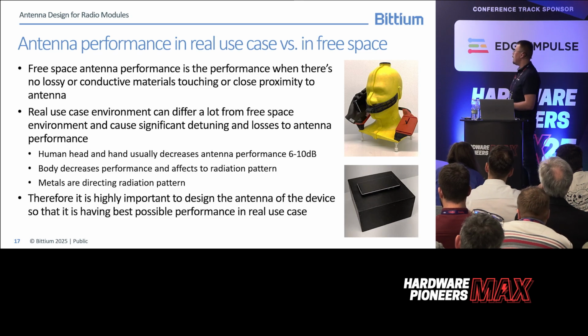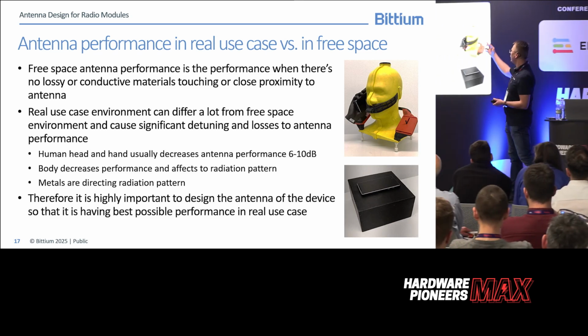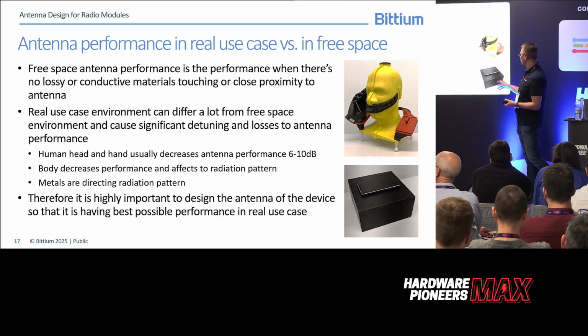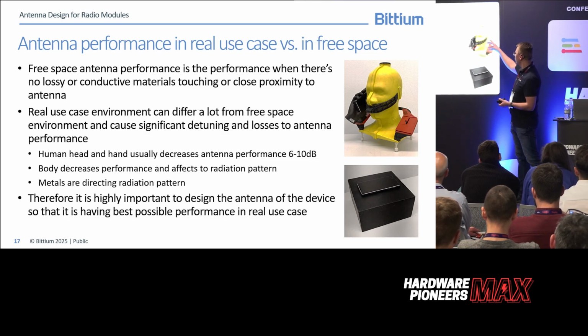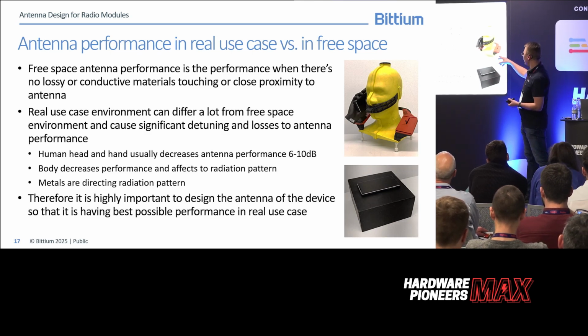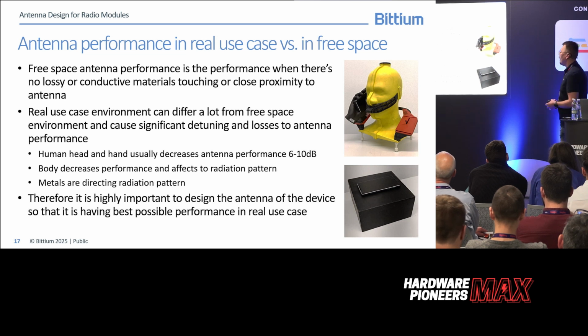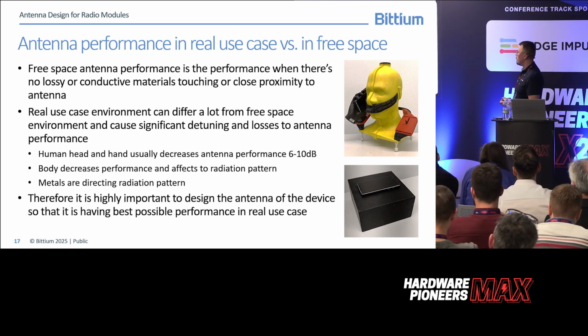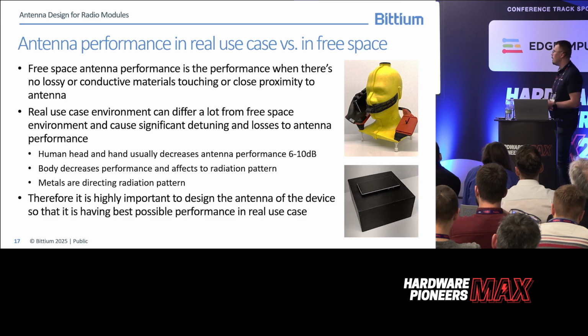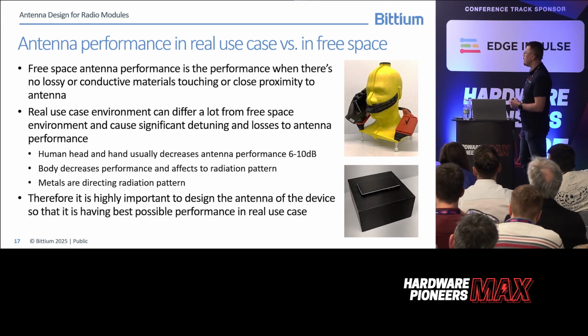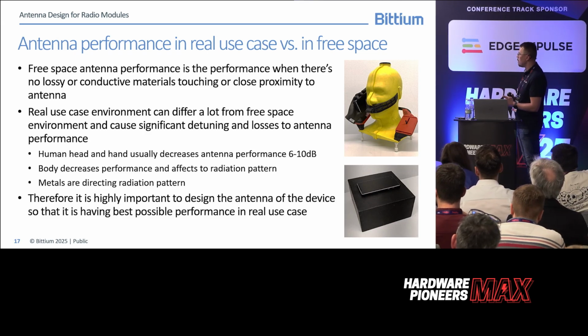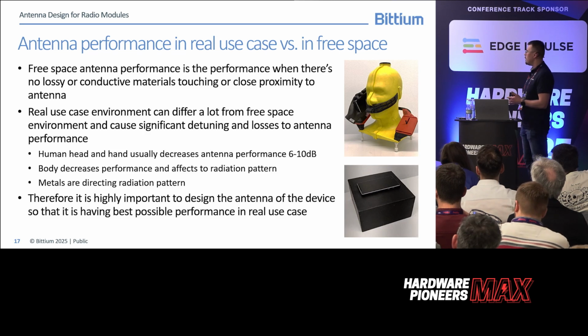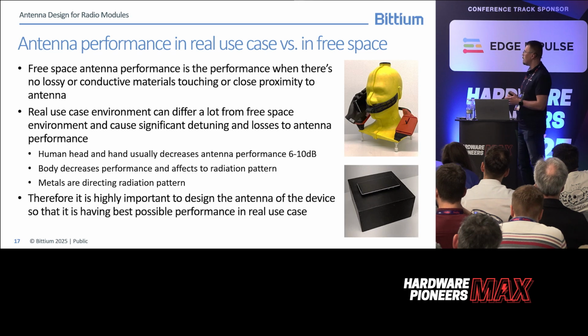In a real use case, you may have a human head and hand or some other body part, and these will have an effect on your antenna performance. For example, a human head and hand usually decrease the antenna performance by 6 to 10 decibels. And as you may remember, 6 decibels either increases or decreases the connectivity distance to double or half.